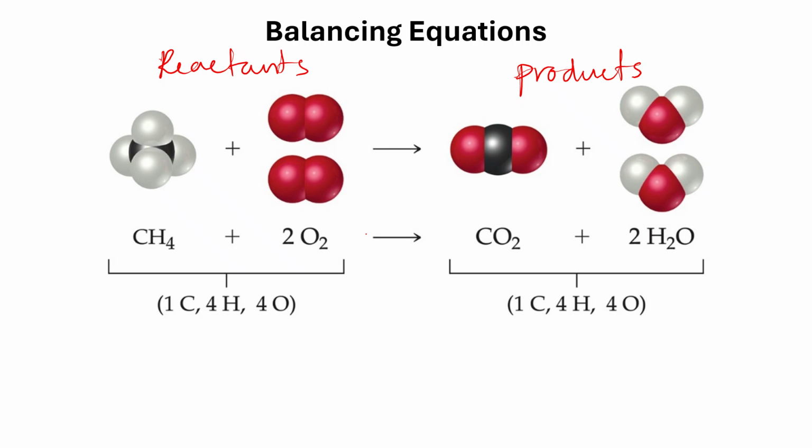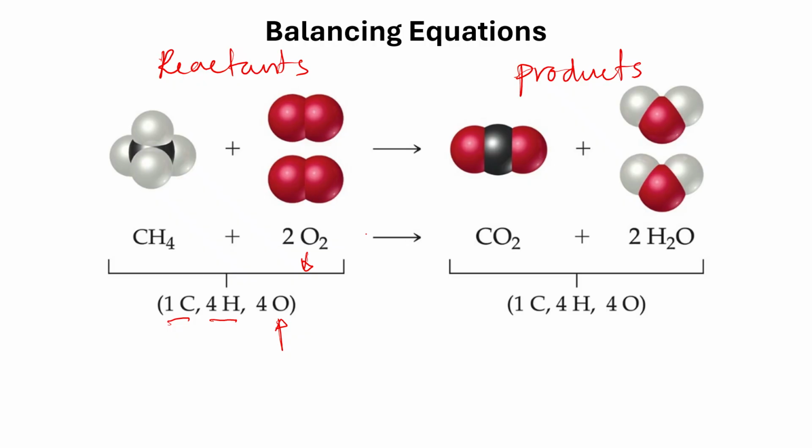Let's look at the number of atoms on each side. On the reactant side, in the CH4 molecule, you can see there is 1 carbon atom, and there are 4 hydrogens, and there are 4 oxygens from the oxygen reactant.